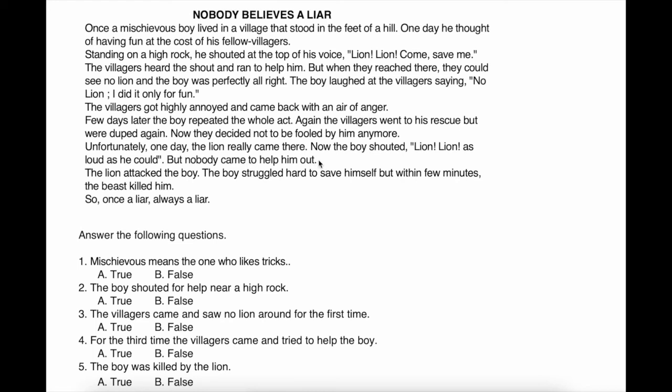The lion attacked the boy. The boy struggled hard to save himself. Tried. But within few minutes, the beast killed him. So, once a liar, always a liar.